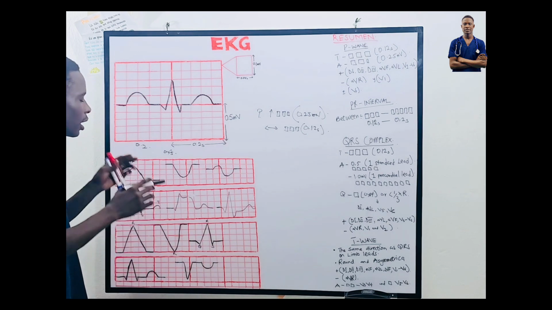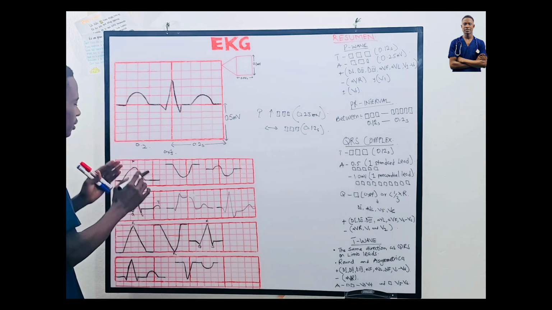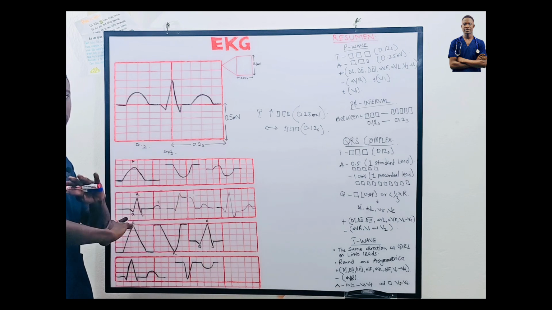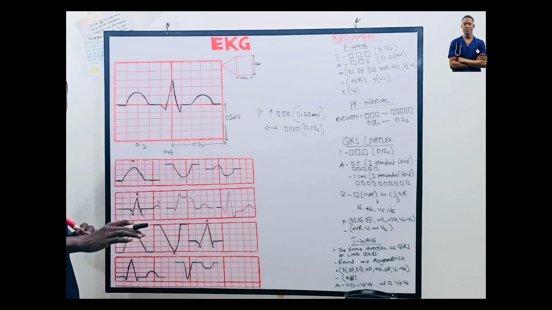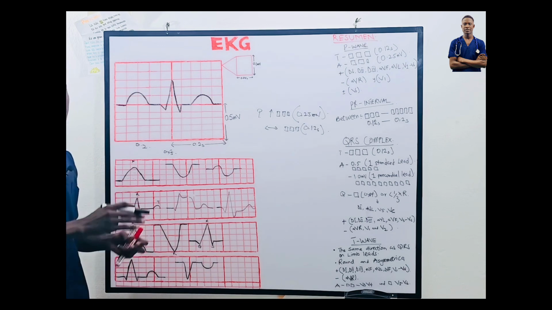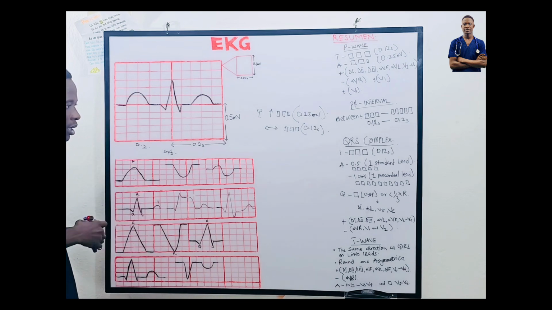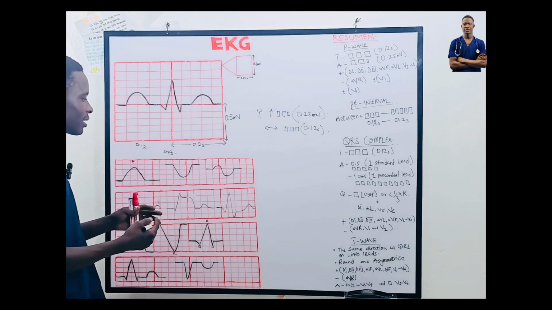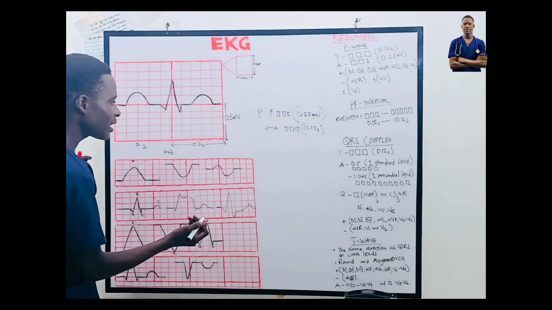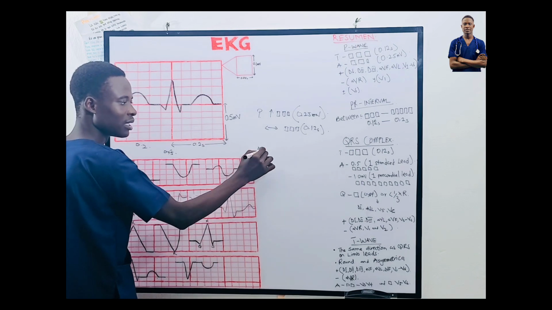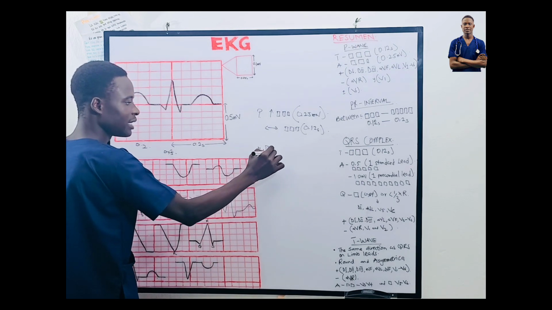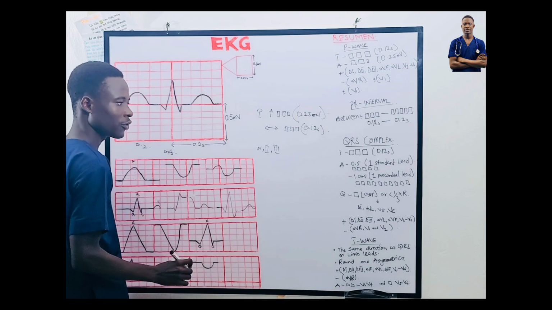Now, another one: it is not the same on all the leads. In some leads they are positive, some leads they are negative, and some leads they are biphasic. In which leads can we get the positive? We can get the positive in D1, D2, D3, do you understand?